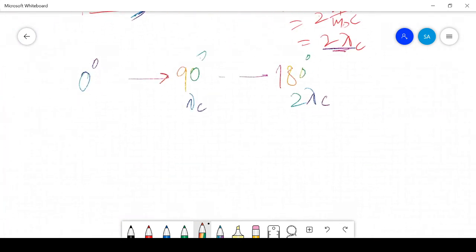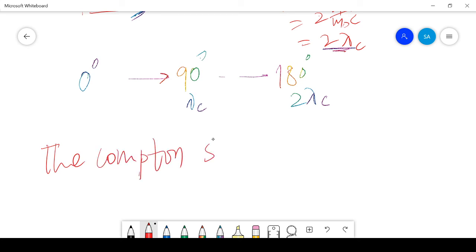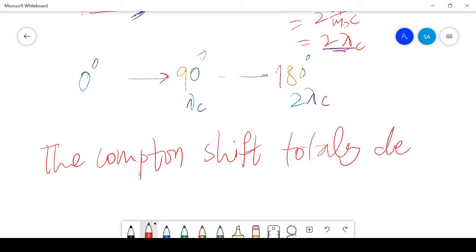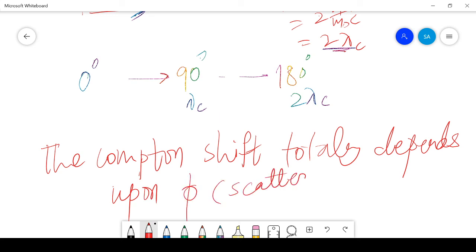So here I have to write this statement. What is the statement? The Compton shift totally depends upon which term? It depends upon phi. What is phi? Phi is known as your scattering angle. Scattering angle of which?